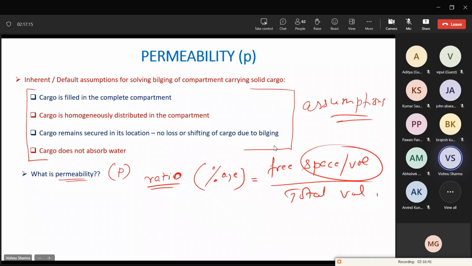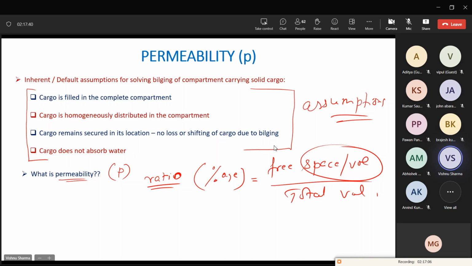I was trying to explain this through an example. I was saying that suppose there is a cargo space whose total volume is 1000 cubic meters. And if you say permeability is 40%, that means 40% of this volume is free for the water to occupy. That means 400 cubic meters of water can come in. 600 cubic meters is occupied by cargo. That is what permeability means.